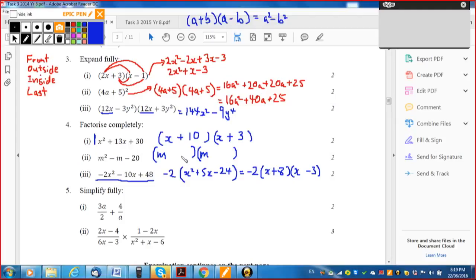I feel so dumb. Add to give minus 1, multiply to give minus 20. Should be simple. So we're looking for minus 20 to be the product, right? So one number is going to be positive and the other negative, because that's the only way to multiply them to give negative 20.